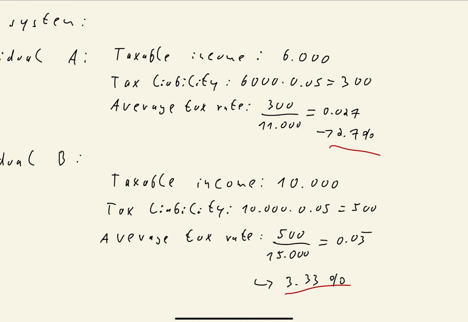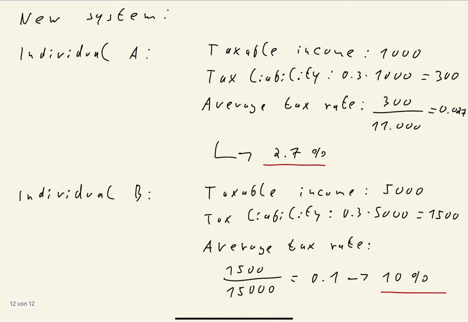Okay, so for some individuals in this model or in this country, for a low income range, what we would have is a progression. Because on the new system, individuals who have higher income will have higher average tax rates compared to individuals with lower income.